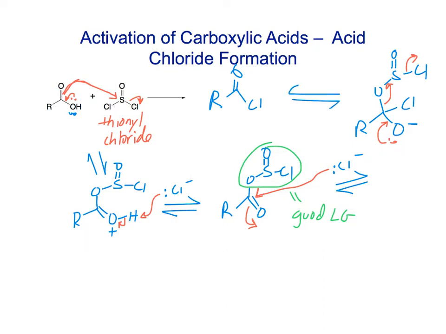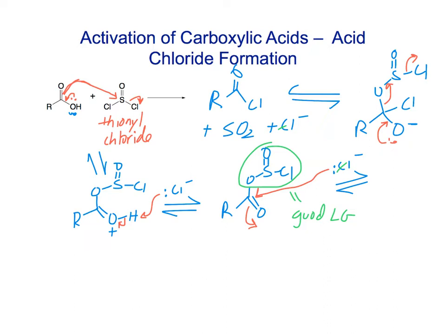We get our acid chloride, plus we get SO2 plus chloride. All right, so if we're balancing it, one of this chloride kind of cancels out with one of these ones that we use down here.